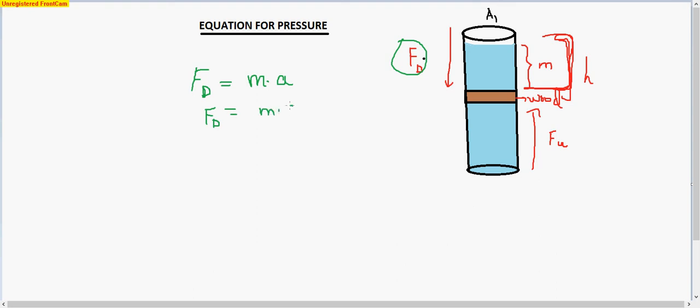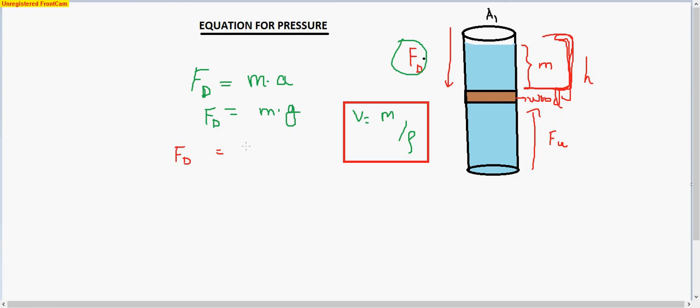And what is a? It is the gravitational constant, right? Now I'm going to make a change in this equation. You know that volume is equal to mass by density. Put that in a box. Volume is equal to mass by density.